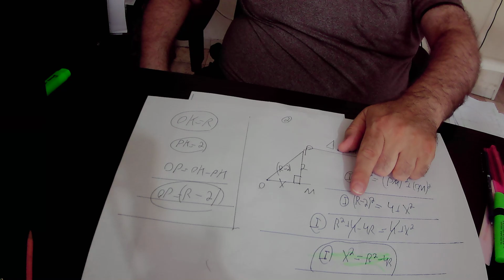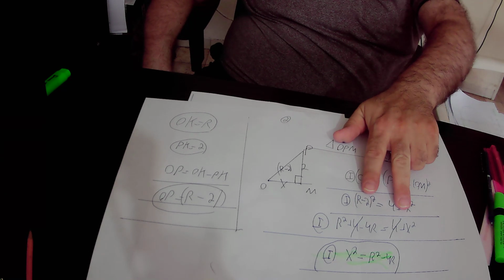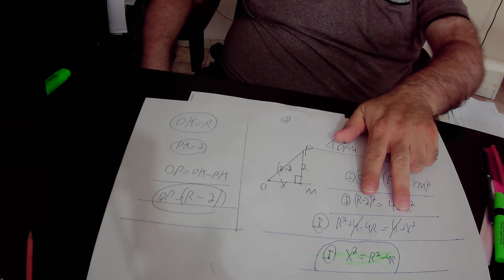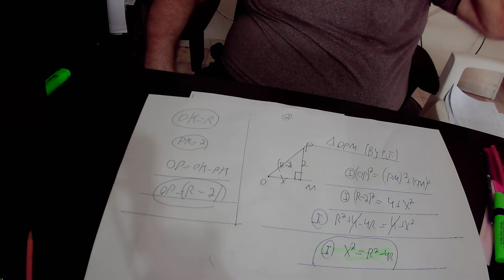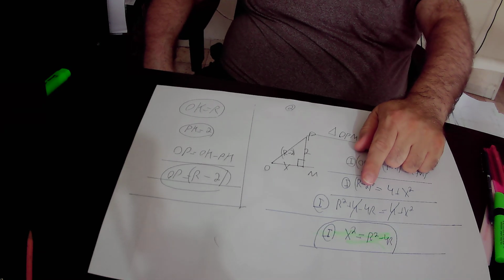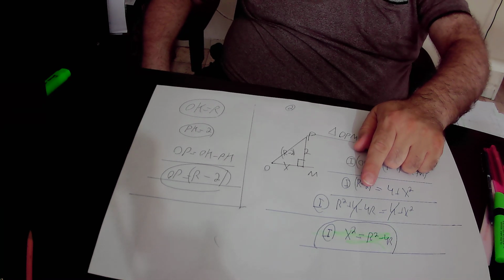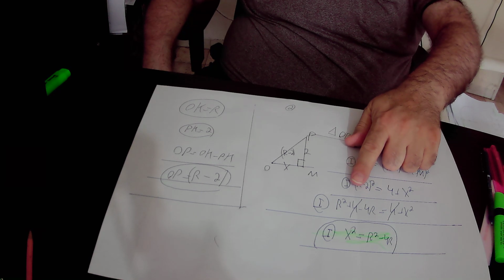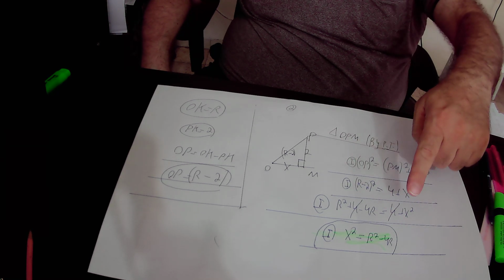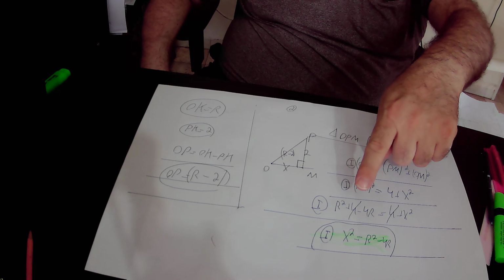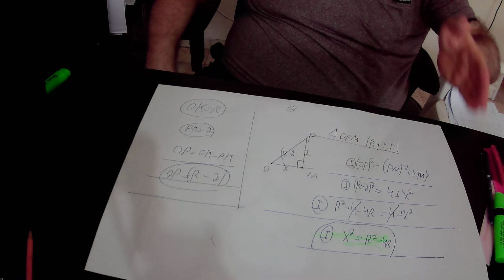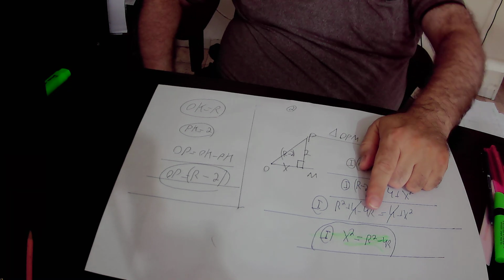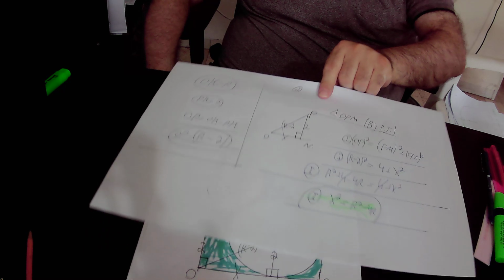So here we have 4 on both sides of equation number 1, so the 4 gets cancelled. What is left on this side of the equation is R squared minus 4R. On the other side of the equation, we are left only with X squared. So according to equation number 1, we found out that X squared equals R squared minus 4R.